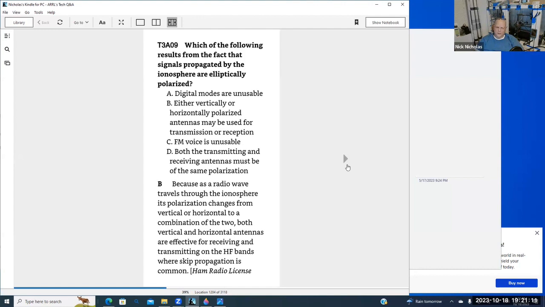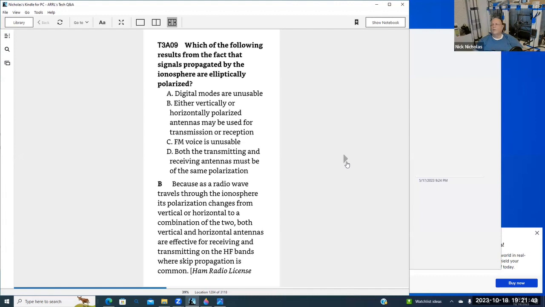And down below in this book is a little description. It clarifies this: as radio waves travel through the ionosphere, its polarization changes from vertical to horizontal to a combination of the two, both vertical and horizontal. And that's what we're referring to as elliptical. It's both vertical and horizontal when it comes back. So its components have been kind of split up. It's not that we lose a lot of power to this.